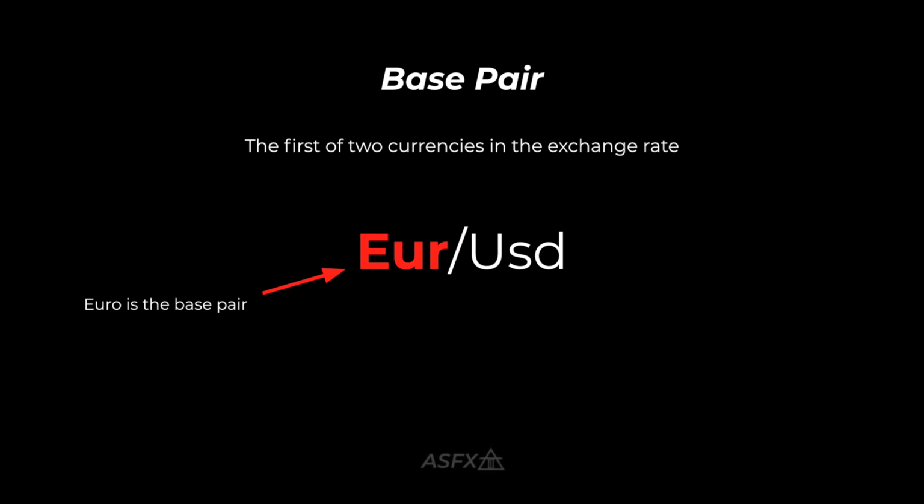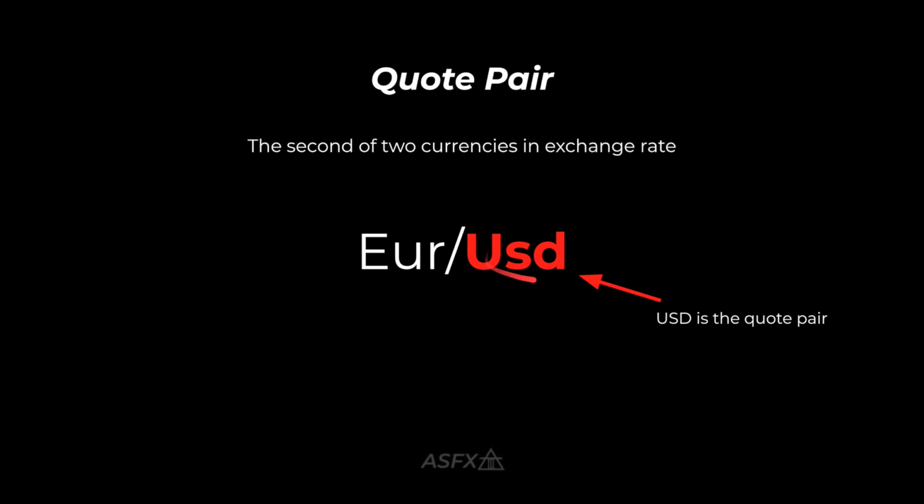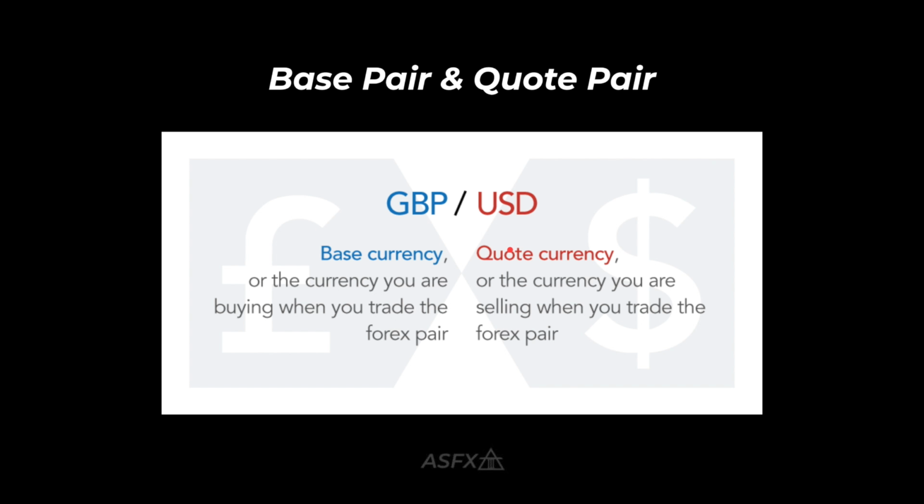When we talk about currency pairs, there's two currencies in the exchange rate that we're trading. The first is your base currency. So in this example, the euro is our base. In the second example here, we have the quote currency, the second currency in your currency quote. Put them both together and you have your base and quote pair. The base currency is the currency you're buying when you trade a Forex pair.